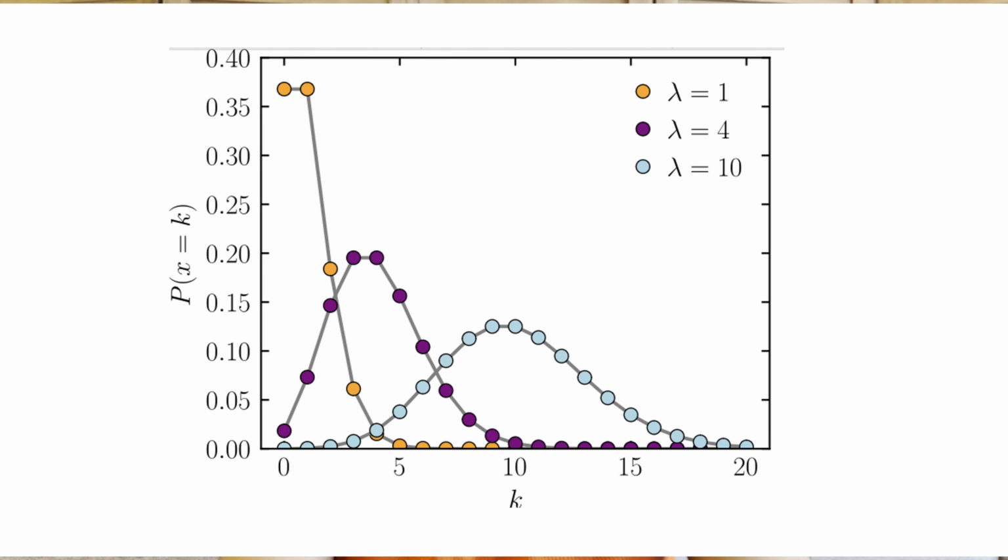The next one, which is also very interesting and I love it a lot, is the Poisson distribution. The Poisson distribution models the number of events occurring in a fixed interval of time or space.